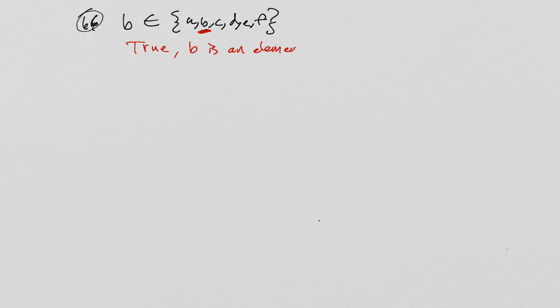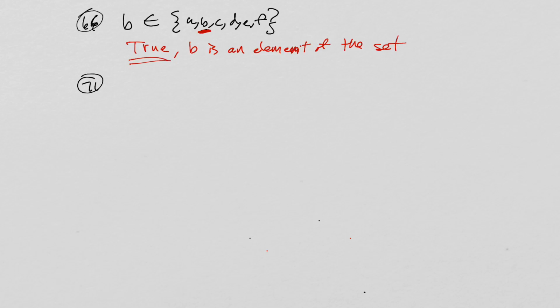So B is an element of the sets A, B, C, D, E, and F. So B is part of this element right there. So yes, this is true. B is an element of the set. You don't have to write all that, but just wanted to clarify.